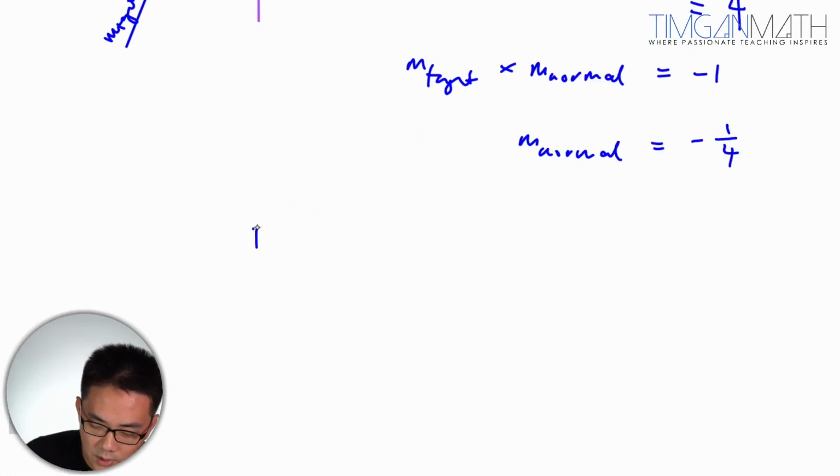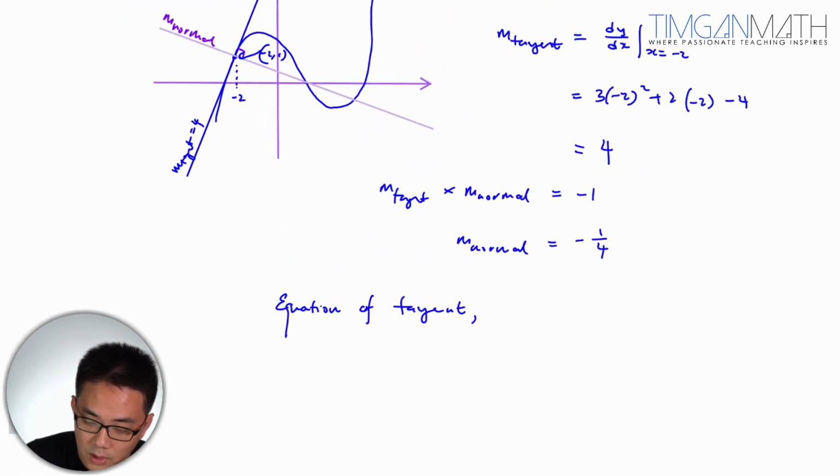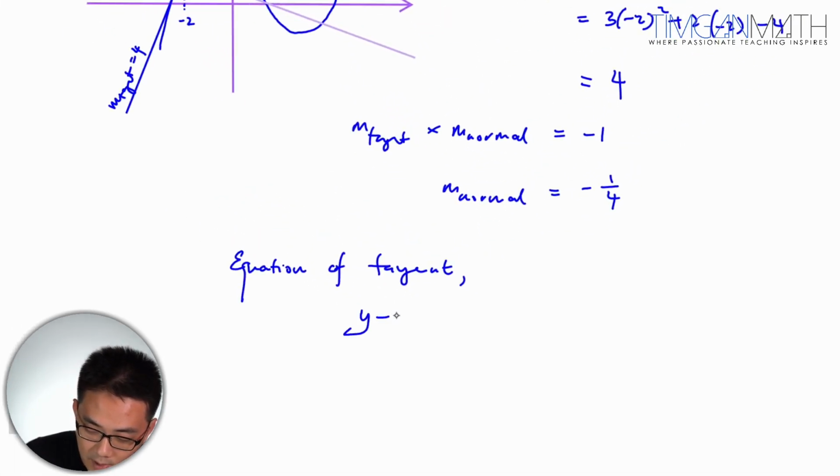So now the equation of the tangent, what we did in the previous chapters, we use m tangent: y minus y1 equals m(x minus x1).